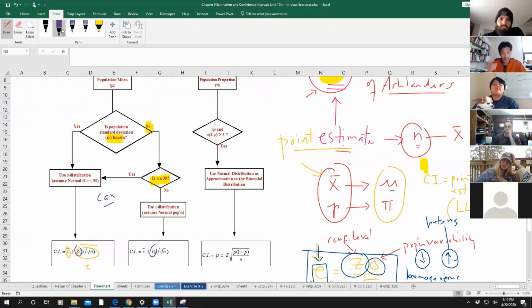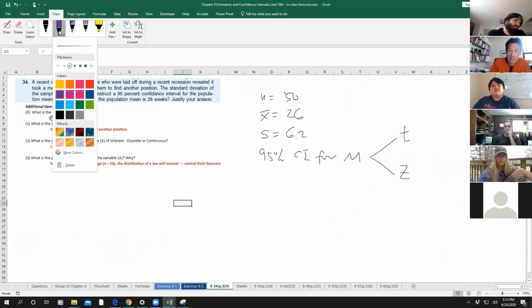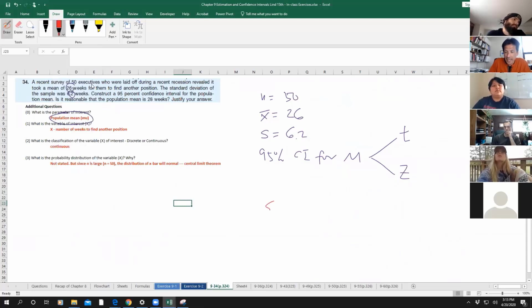All right? Are we clear there? We will solve this problem using both distributions, and we'll see how close the answer will be. All right. So since in this problem n is large, we can or may use the Z distribution.